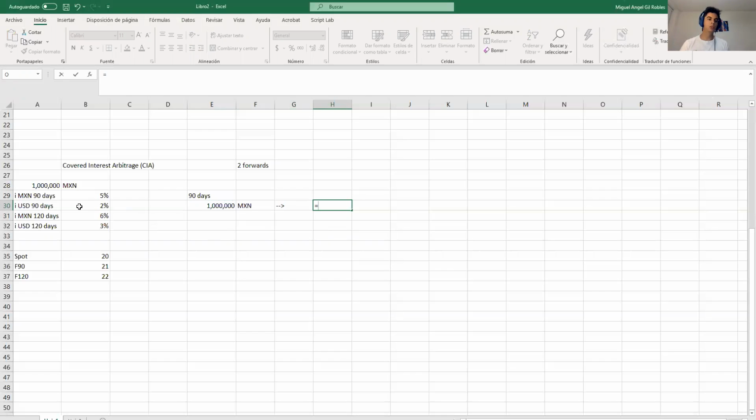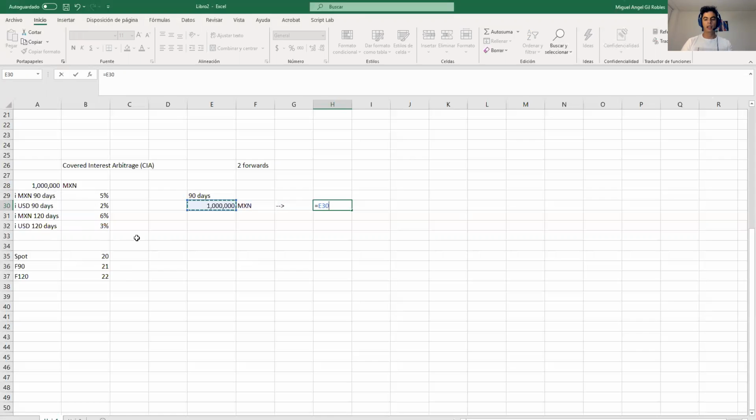Usually when you let your money stay more time, it pays you more. If you check the 10-year bond yield, it's higher than the 28-day bond yield, right? So that's why we have in here two interest rates for Mexico, one for 90 and one for 120, and for the US the same, 90 and 120.